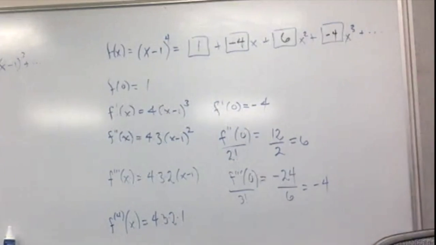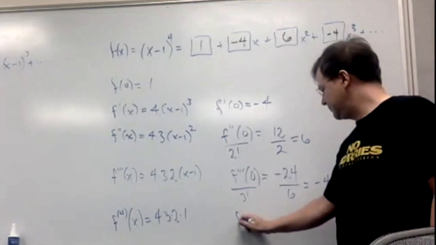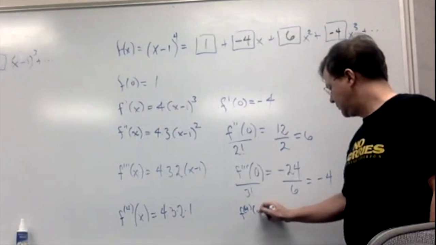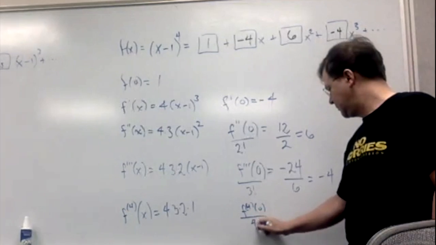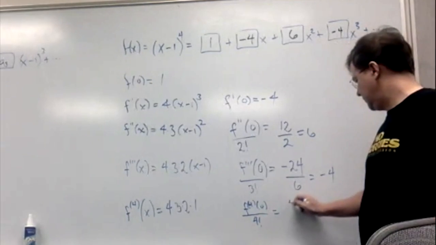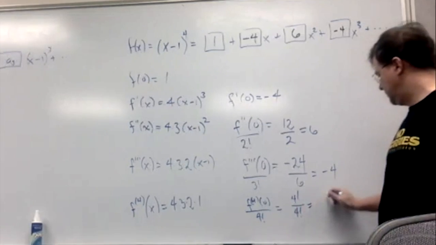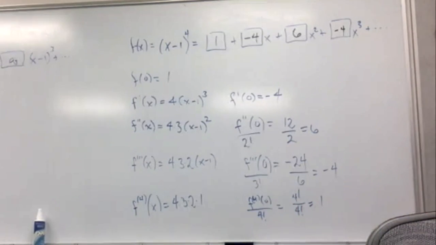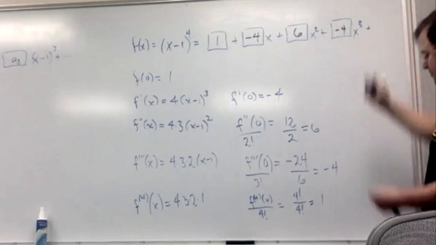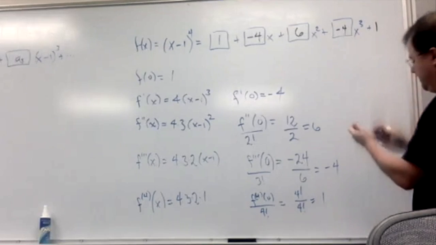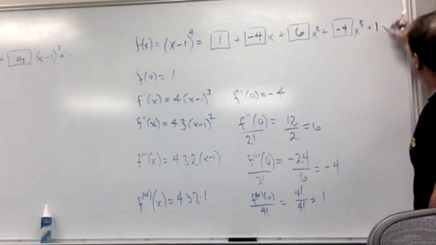And likewise, we'll do the 4th derivative. There's a factorial in the front. So that's 1 times x to the 4th.